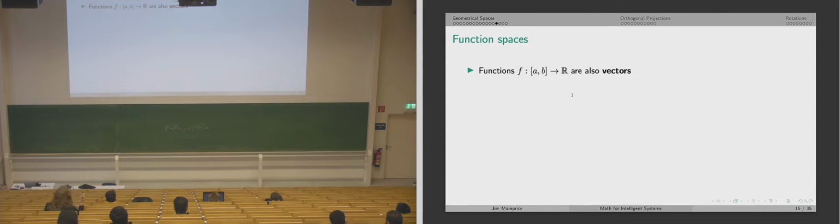And these are vectors. So why are they vectors? Can somebody maybe tell me why? How did we define vector spaces?